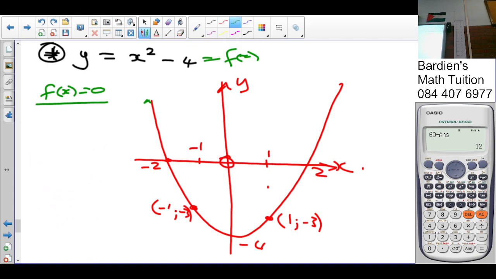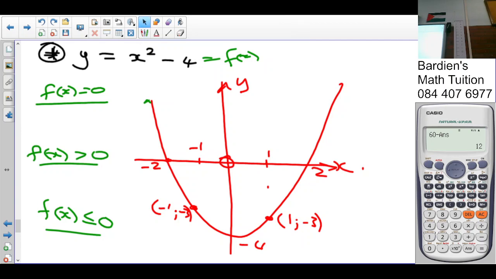Is f of x more than 0? In the exam they ask you one of it, they don't ask you all three. Increasing and decreasing the same, they don't ask you all of them. I'm just showing you how to do the different methods, okay?